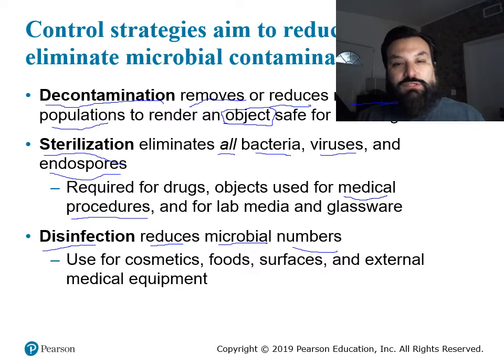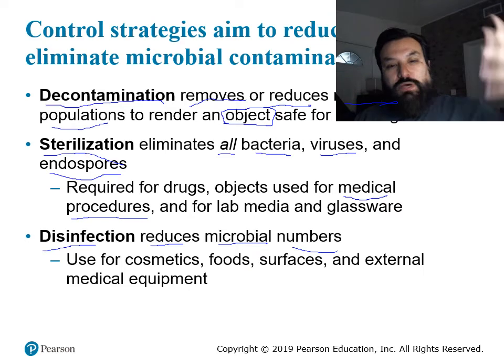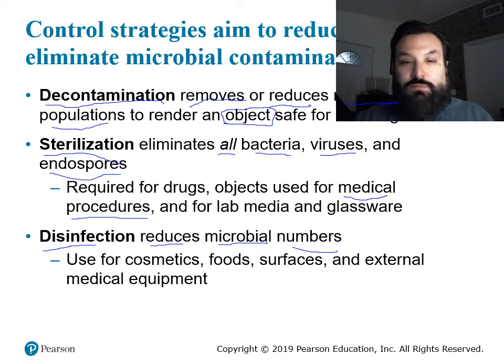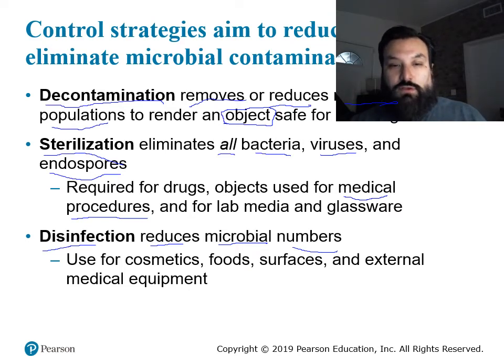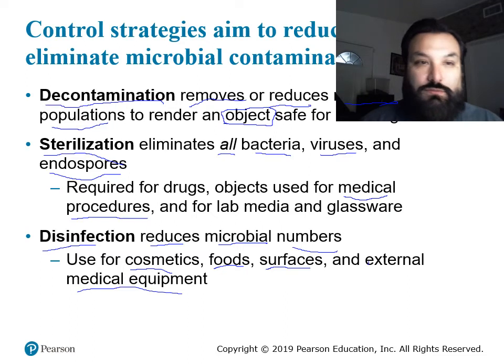And disinfection is also used with objects, but things that we can consume or actually put in ourselves, right? Cosmetics is one. Foods, we can disinfect foods. Surfaces, that's an object. Medical equipment, disinfection. Okay.